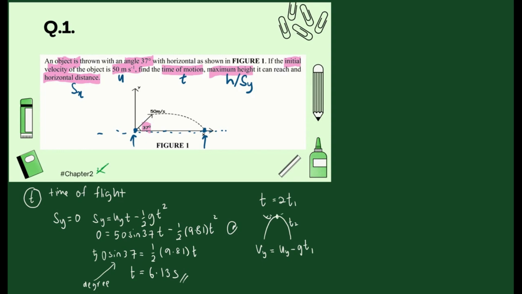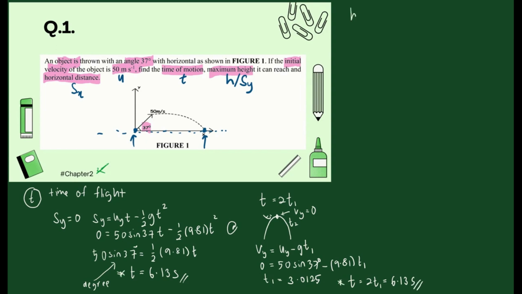At maximum height, our Vy is equal to 0. Then we have 0 equals 50 sine 37 minus 9.81 T1. Then you're supposed to have your T1 as 3.0125. Then to get your time of motion, you're supposed to have the same answer as the previous method. So that is the time of motion.